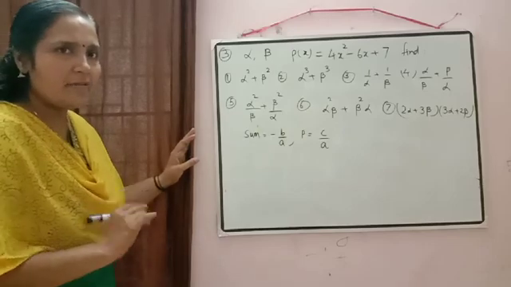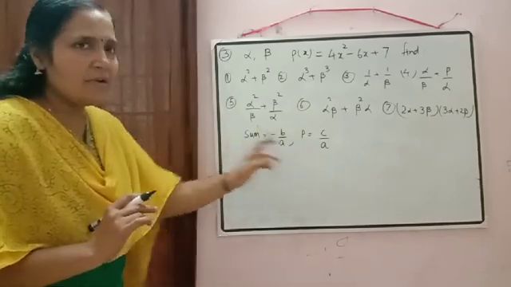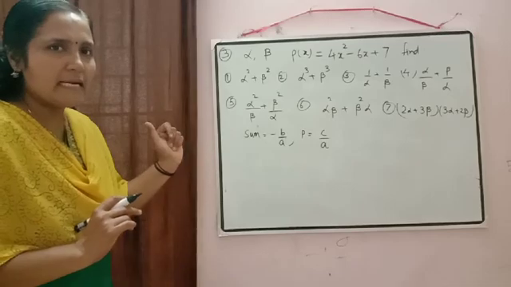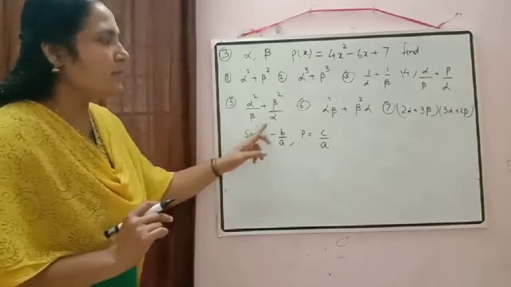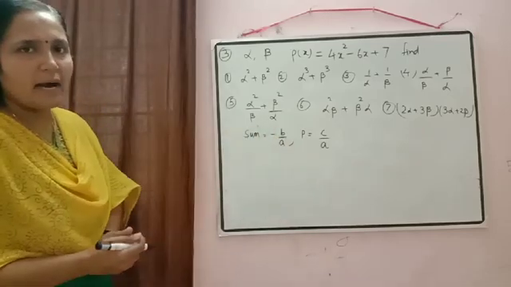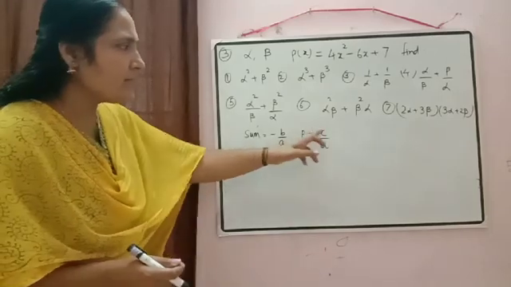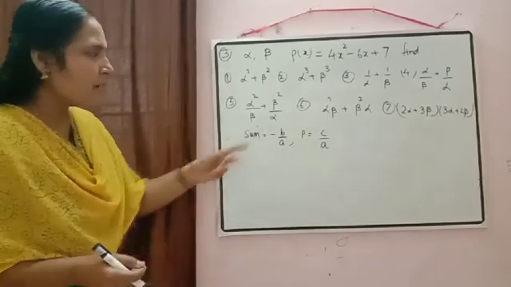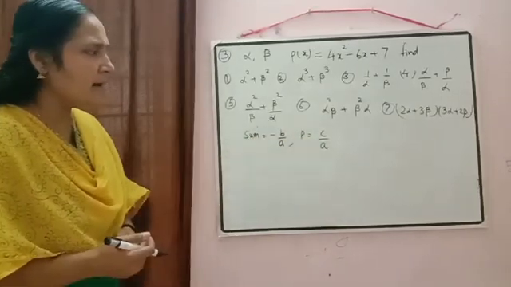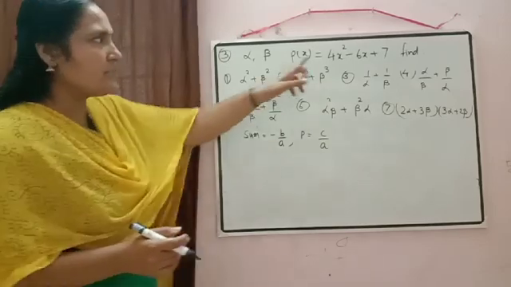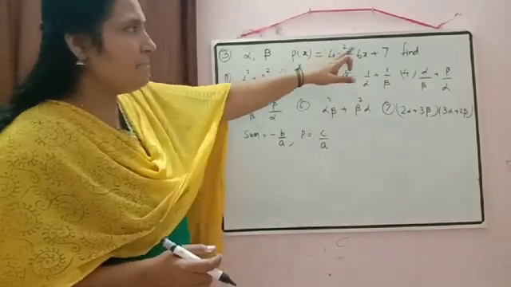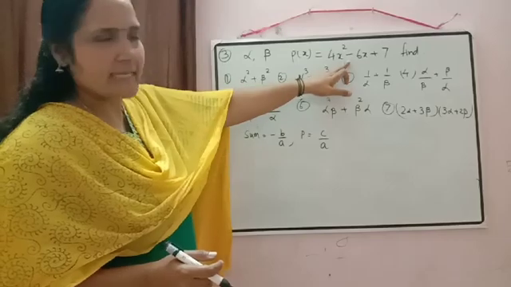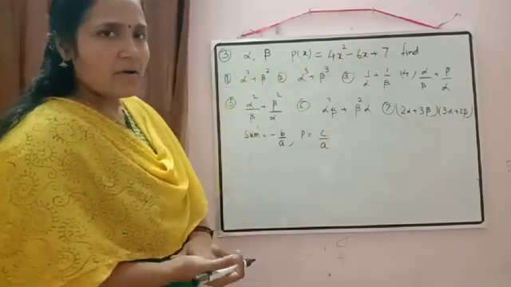I think you remember this relation from the previous class. What are a, b and c here? Yes, a is the coefficient of x square, b is the coefficient of x, and c is the constant term.